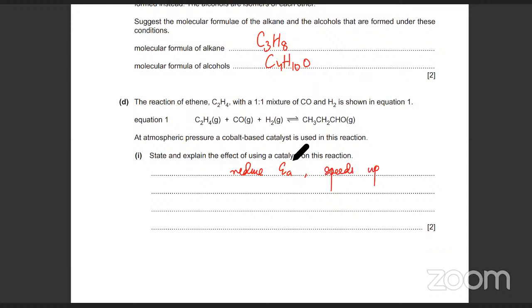Speeds up the reaction, and you could write a bit more detail, like if the activation energy is reduced, what do you get? You get more successful collisions, or the proportion of successful collisions increases, more successful collisions.